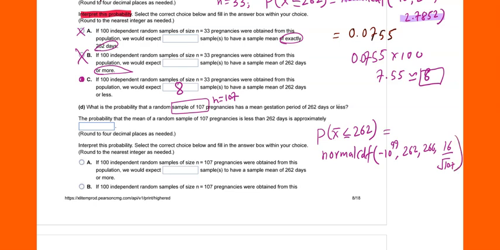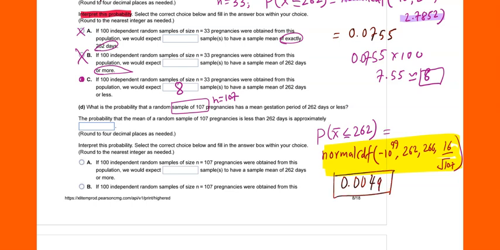If you type everything in the calculator carefully, you get the value 0.0049. That's the probability.